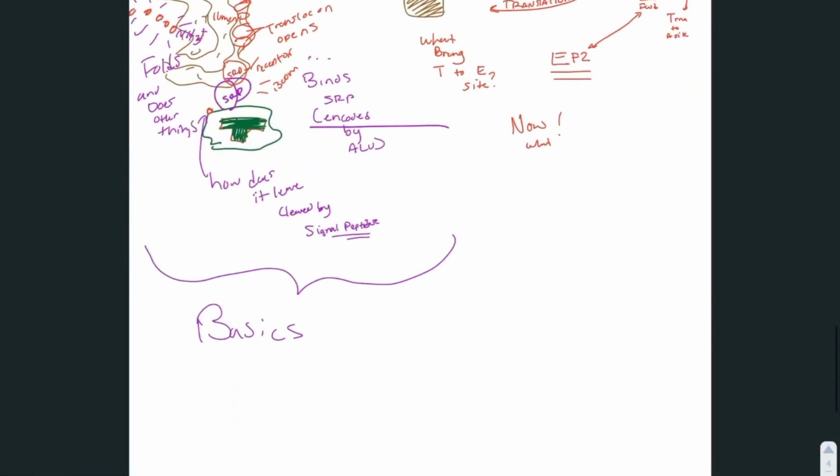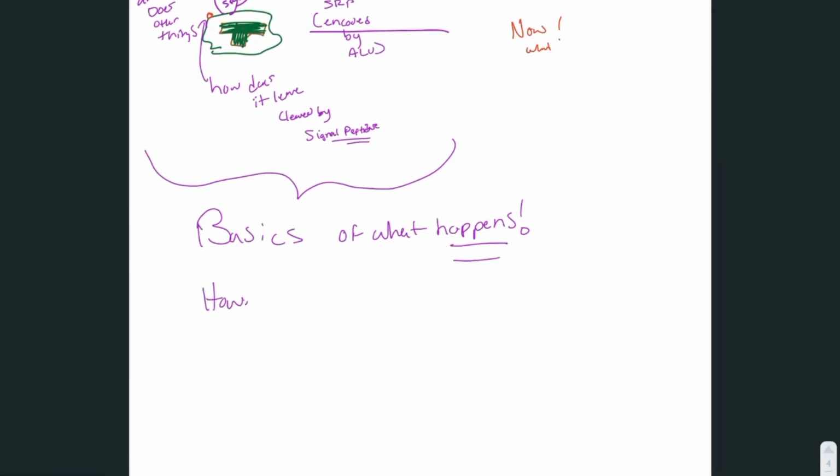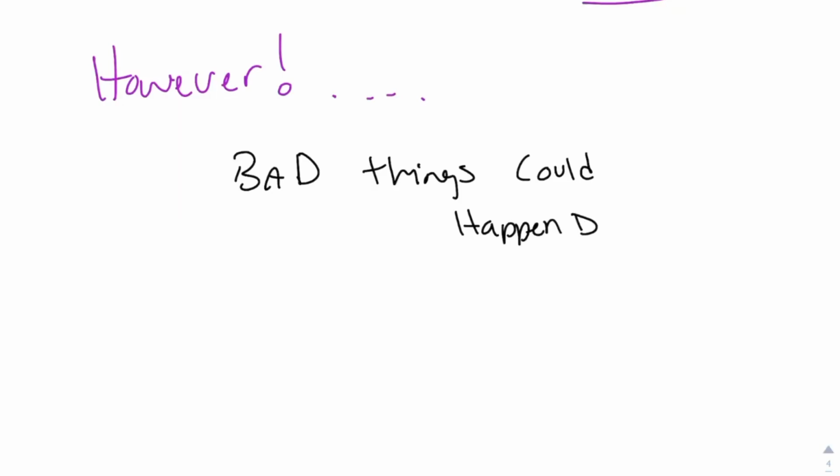But this is just the basics. So we want to know what else can go wrong in this entire process, running from transcription to translation, mainly translation. However, this process can get messed up. So what bad things can happen? You could have a lot of things happen, actually.